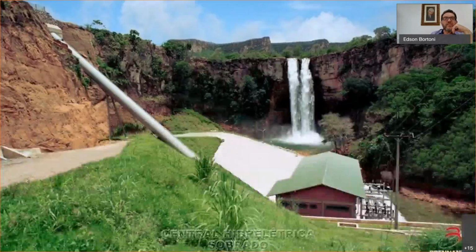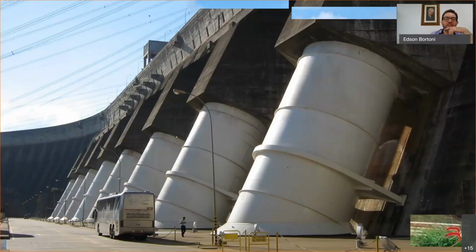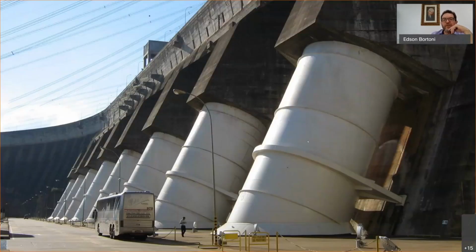This is an example of a small flow hydropower plant. And this is an example of high flow. This is a picture from Itaipu here in Brazil, hydropower plant. This diameter is 10 meters, so a huge flow here.